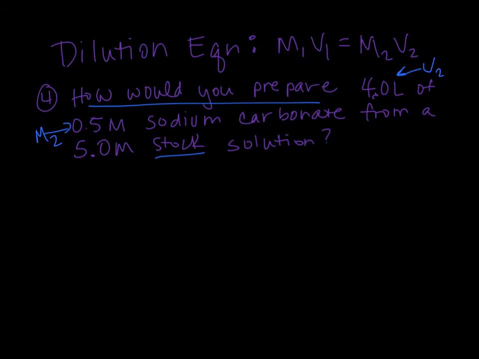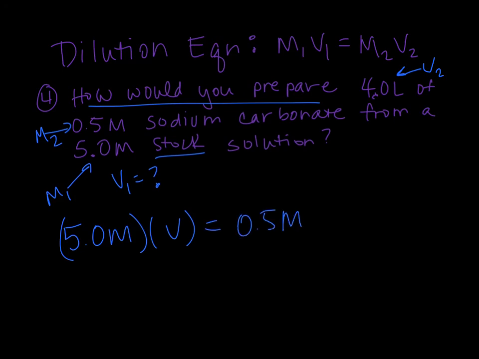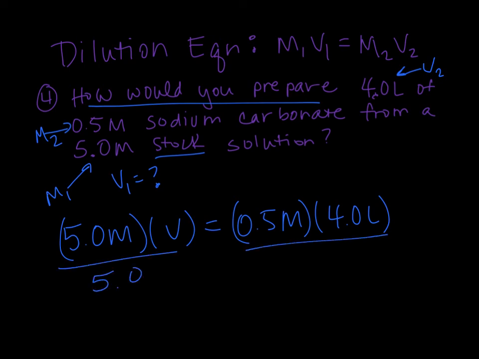All right, so I've got 5. So this, of course, is going to be M1, and we're looking for V1. So 5.0 molar times a volume is equal to 0.5 molar times 4.0 liters. So if I take 0.5 times 4, and then I'm going to divide by 5.